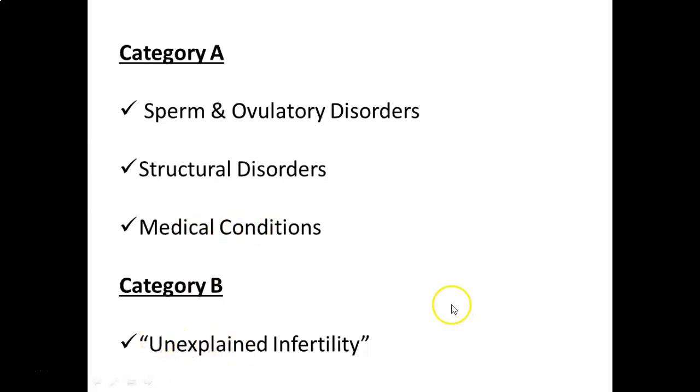You see that I put it in quotation marks, because usually these are cases of infertility that we can't explain because we have done all the investigations and everything seems normal, and yet this woman is not getting pregnant, so we say unexplained infertility. But the reason for this program is that most of this problem that is called unexplained infertility can be explained.